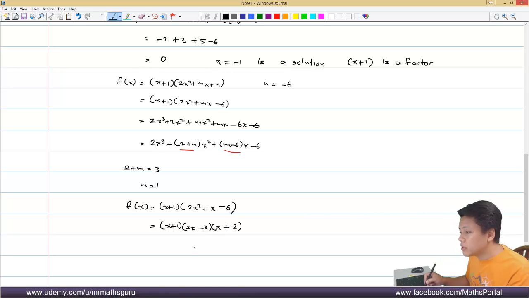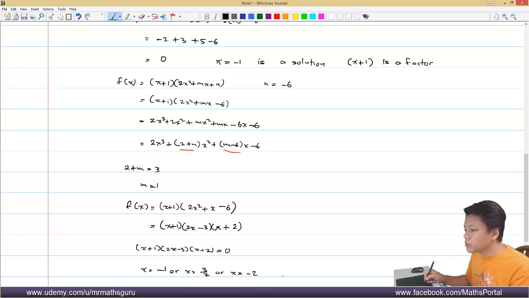So this is the factorized expression, which means x plus 1, 2x minus 3, x plus 2, that is equal to 0, and as such x is equal to minus 1, or x is equal to 3 over 2, or x is equal to minus 2. So this is the solution using method number 2.